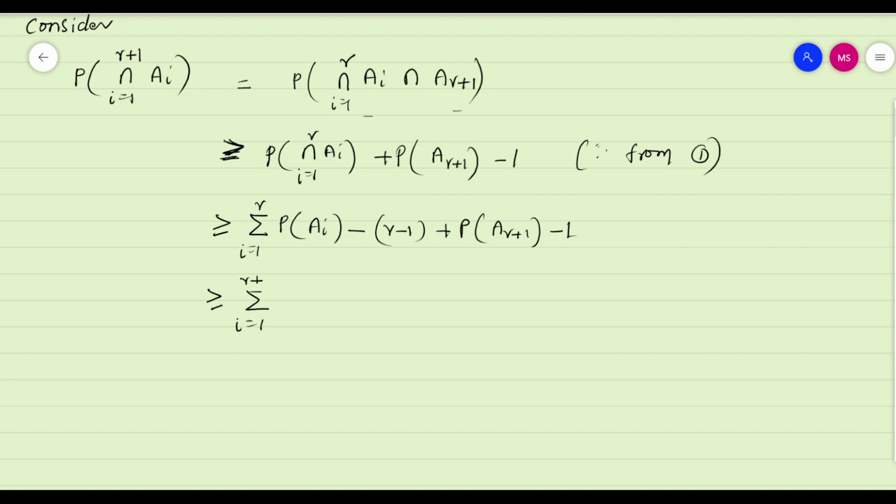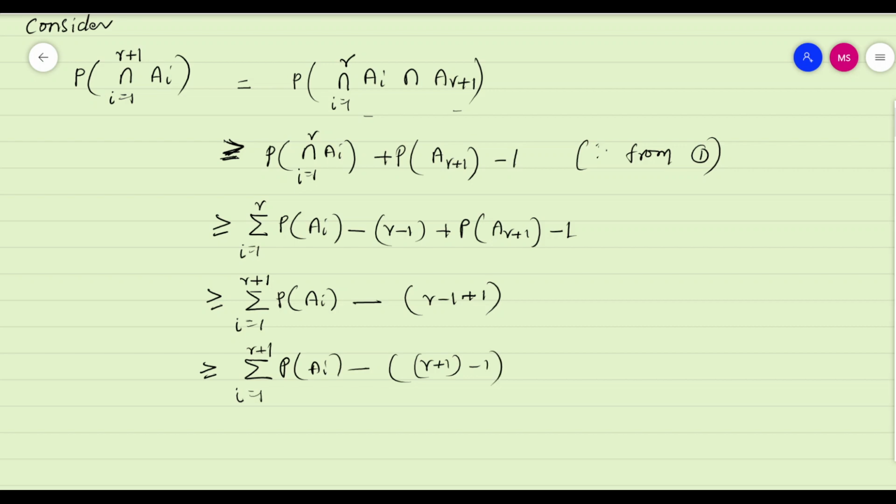So adding two terms, summation i running from 1 to r plus 1 P of ai minus r, which is greater than or equal to summation i equal to 1 to r plus 1 P of ai minus (r plus 1 minus 1).